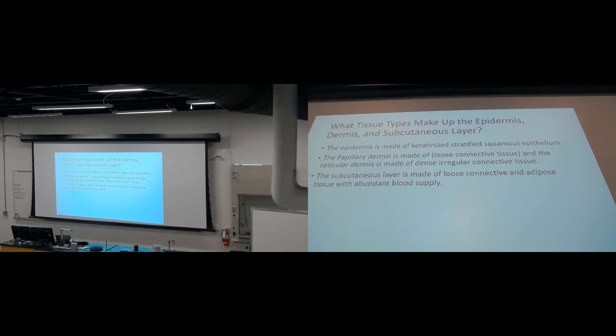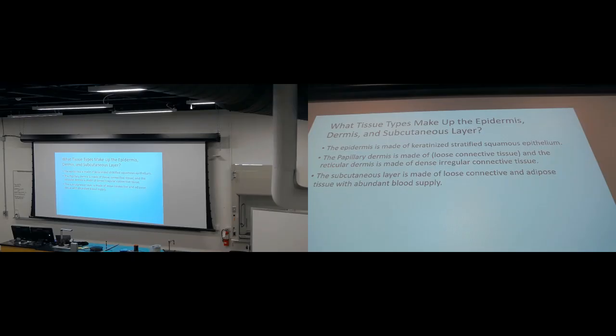The epithelial tissue is a stratified squamous epithelium. That's the epidermis with keratin. Underneath, we have this areolar connective tissue, the loose connective tissue, and then we have the dense irregular connective tissue.